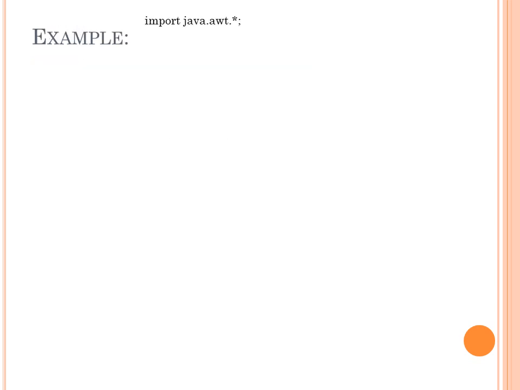Now we will study an example for label. First thing that you have to do is import the java.awt.* package. Secondly, you have to write the class name, that is class LabelDemo extends Frame. Then third, you have to call the LabelDemo.